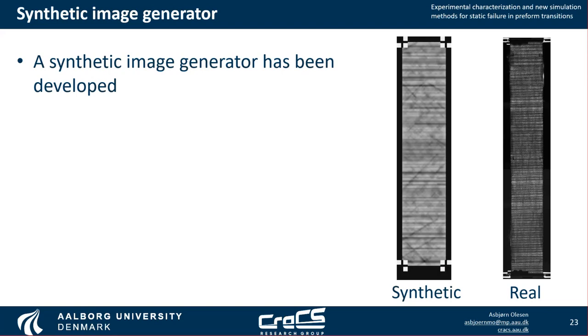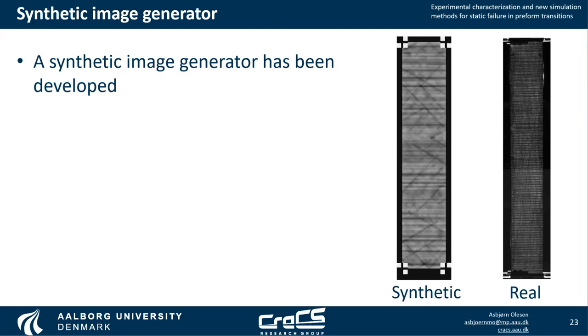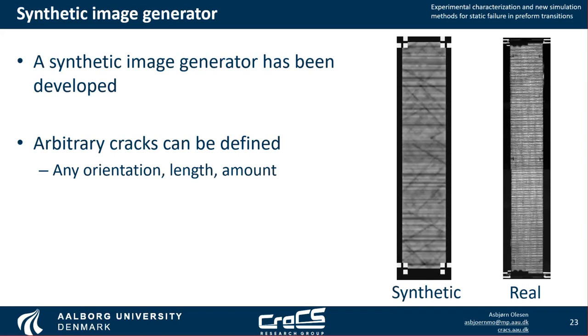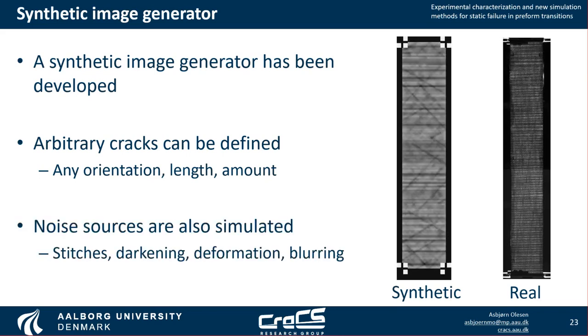And what this allows us to do is completely on the computer define cracks in a laminate where we can choose any orientation, any length, and any amount of cracks. And we can also simulate the noise that we see in experiments. So these are the stitches, darkening, deformation, and blurring effects of the cracks. And this allows us to really control, in our verification studies, where the problems with noise are and what is the most serious part.